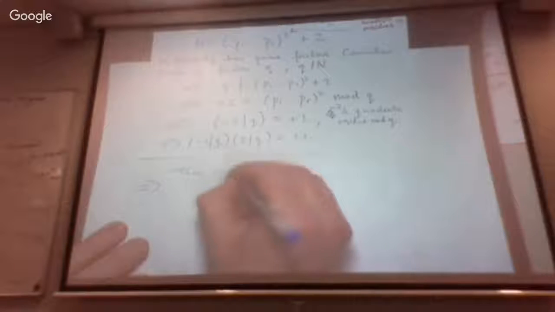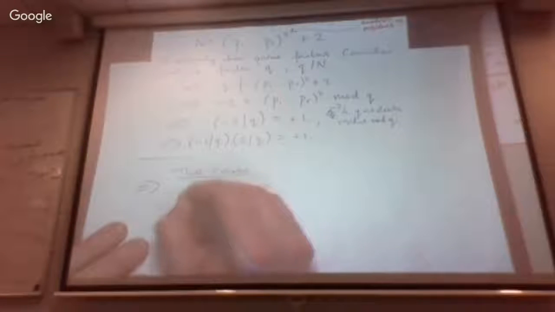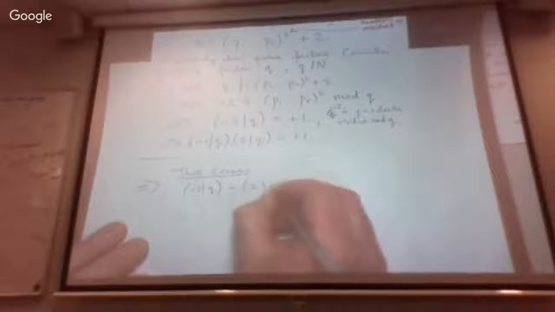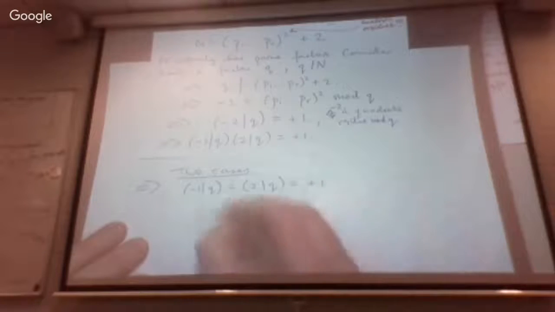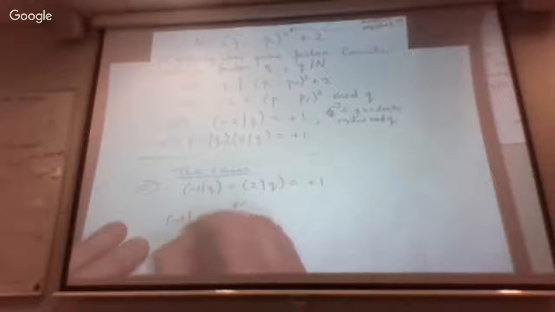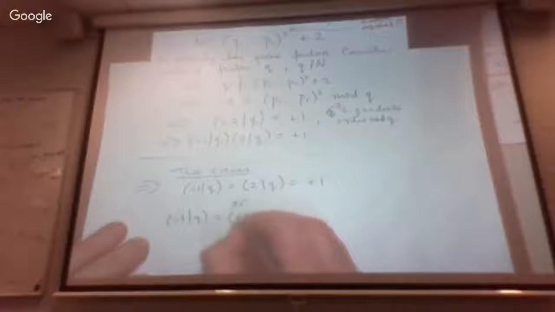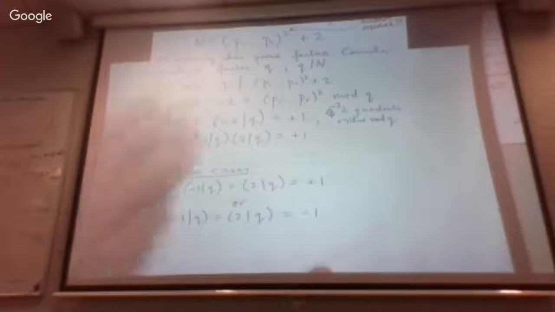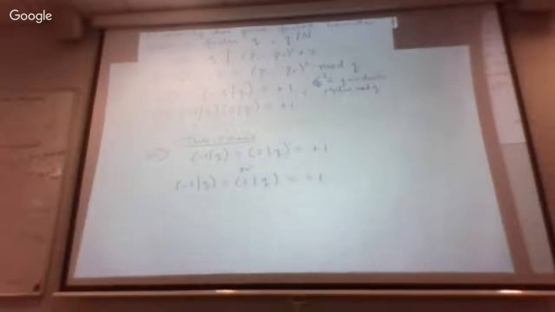So that implies we've got two cases. Either the Legendre symbol of minus 1 mod q is equal to the Legendre symbol of 2 mod q and is equal to plus 1, or both are equal to minus 1. One of these two things must be true.